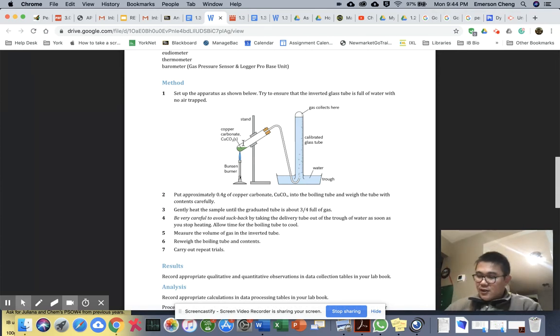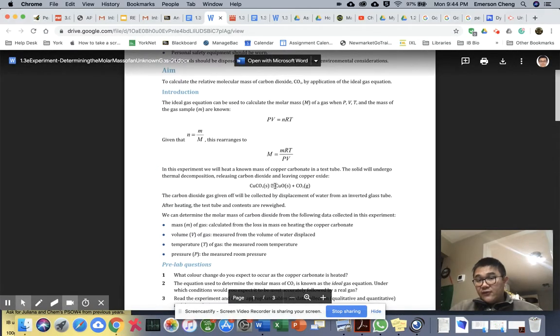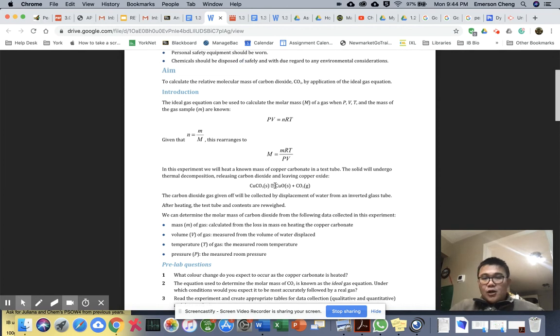The reaction, just like on the top here, is copper carbonate turning into copper oxide and CO2, a decomposition reaction.